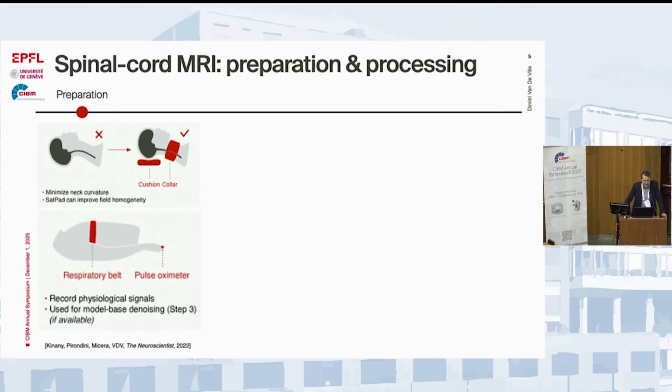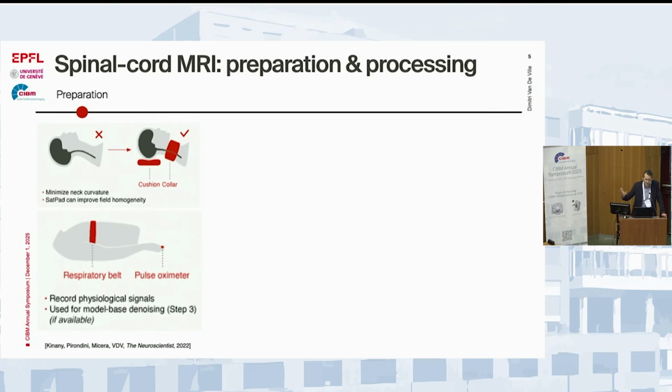I don't want to go into all the details of how you can do decent spinal cord fMRI, but there are a couple of things I'd like to quickly mention. First of all, compared to brain fMRI, you need to be a little bit more careful with the preparation. You need to position the subject very carefully and make sure the curvature of the spinal cord, if we're talking about cervical spinal cord, is not too high.